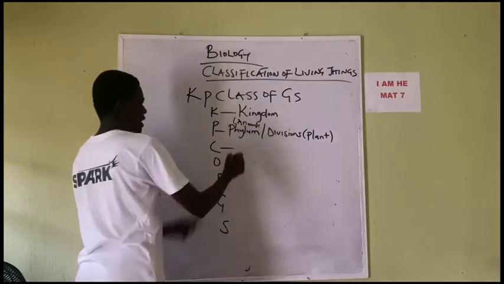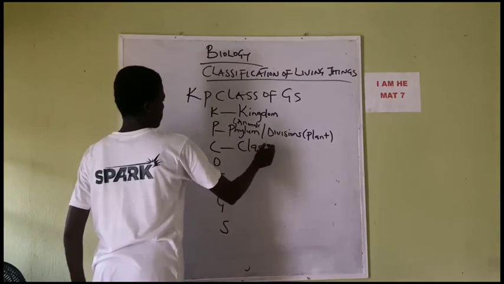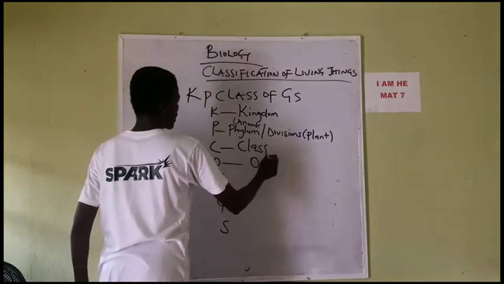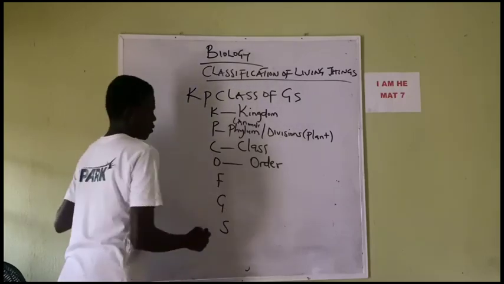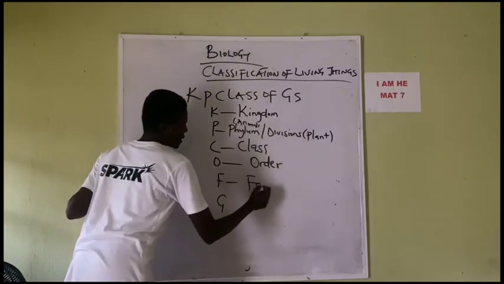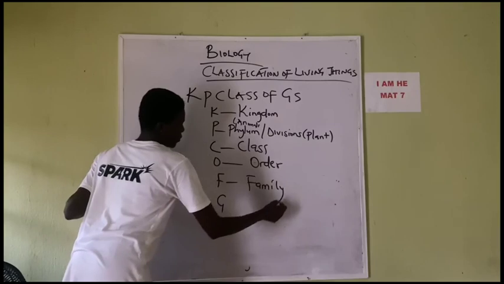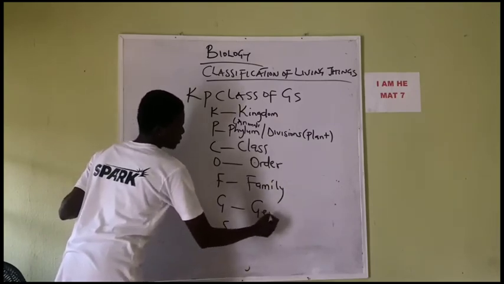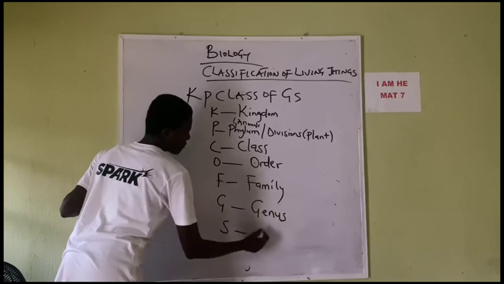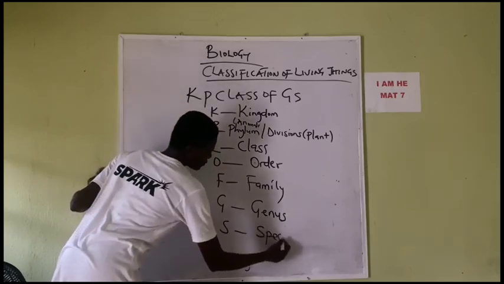So we have class. We have order. We have family. We have genus. And we have species.